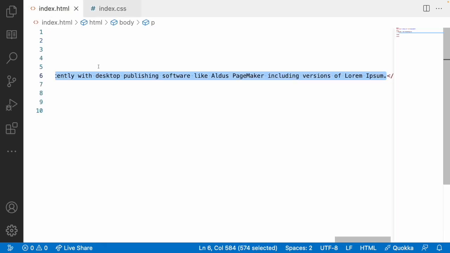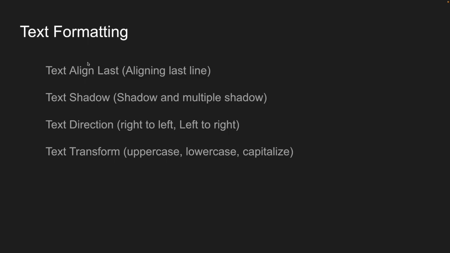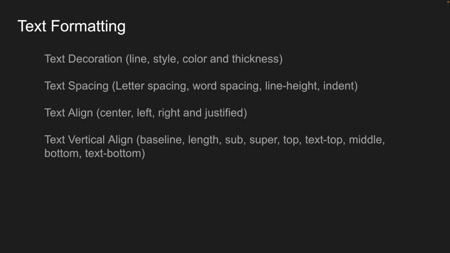So these all are related to text formatting, and we can apply all these properties whenever it is required based on your UI design. So let me revise this. So here text formatting contains different properties. One is text decoration, which is used to decorate your text, and text spacing for creating space between the letters, between the words, or between the lines, and to create some space in the front of that particular statement.